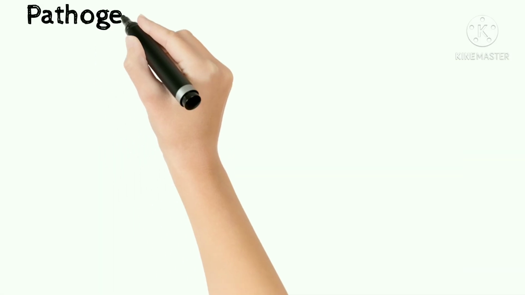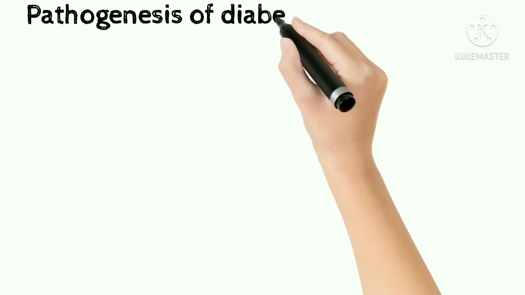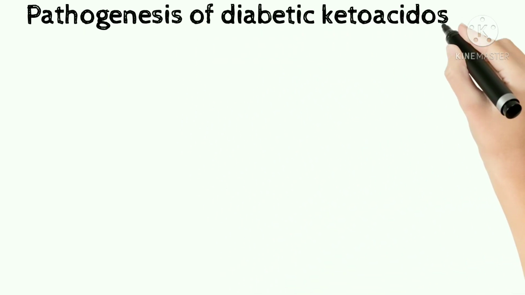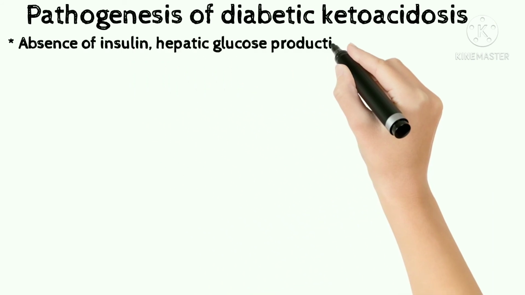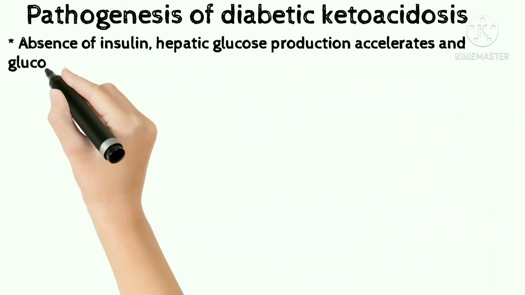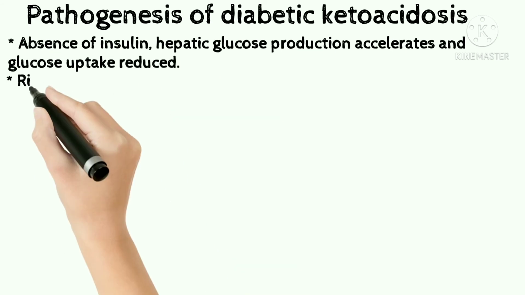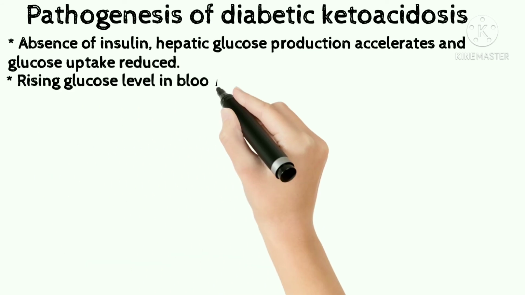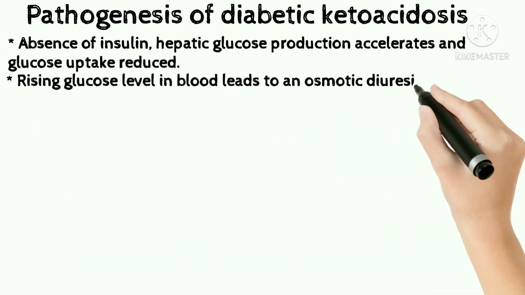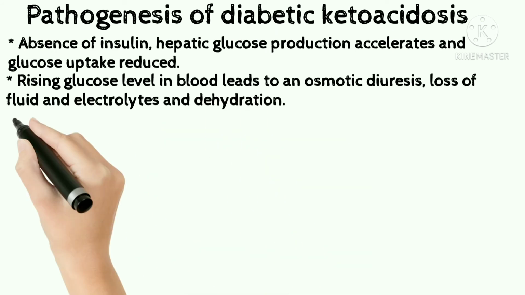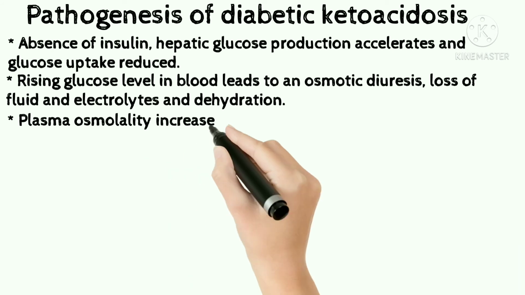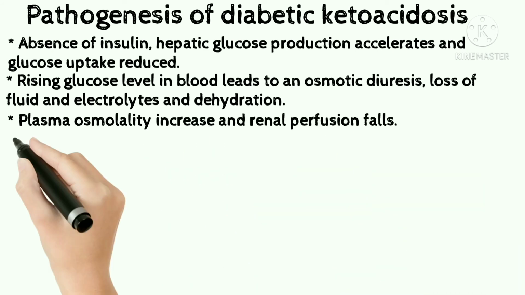We should understand the pathogenesis of diabetic ketoacidosis. In the absence of insulin, hepatic glucose production accelerates and glucose uptake is reduced. Rising glucose level in blood leads to an osmotic diuresis, loss of fluid and electrolytes, and dehydration. Plasma osmolality increases, and renal perfusion falls.